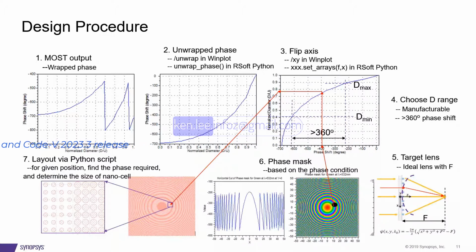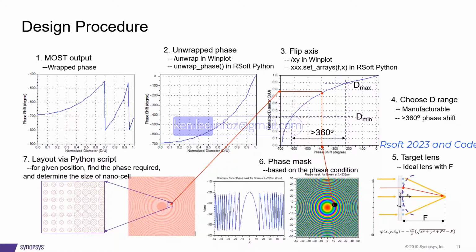The last step, or step number 7 on the bottom left, is to write a script that helps us find the required phase at any given position. After this, we need to determine the corresponding size of the nanocell.